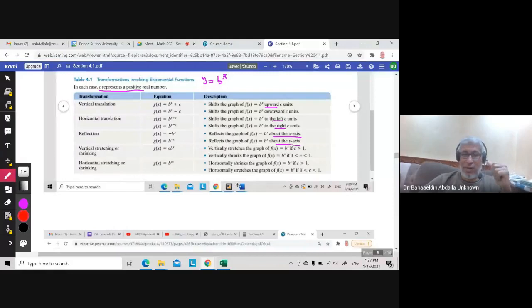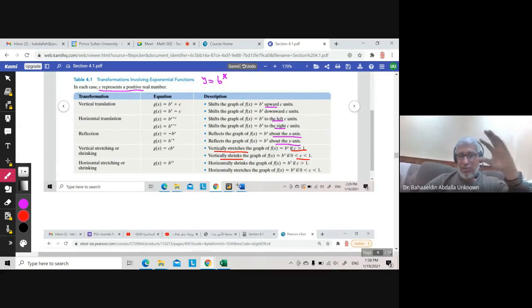The last type of transformations is vertical stretching or shrinking, if you multiply y by c, and horizontal stretching or shrinking if you multiply x by c. If you multiply y by c, it would be vertical stretching if c is greater than 1: 2, 3, 4. It would be vertical shrinking if c is less than 1: half, 1 over 3, 1 over 4.